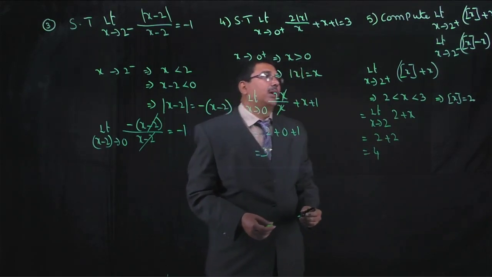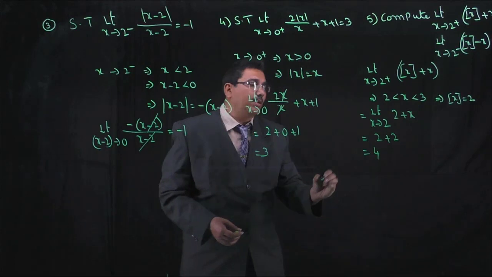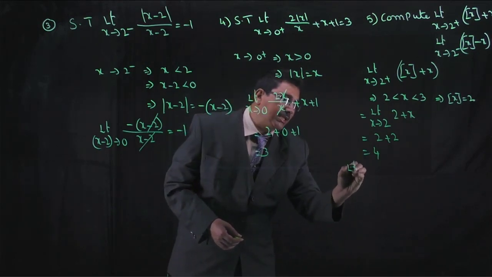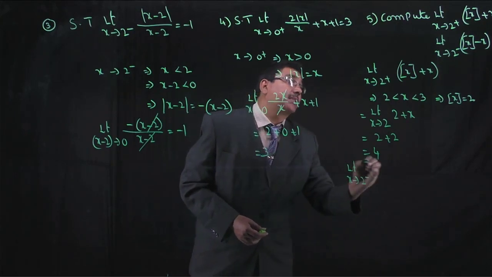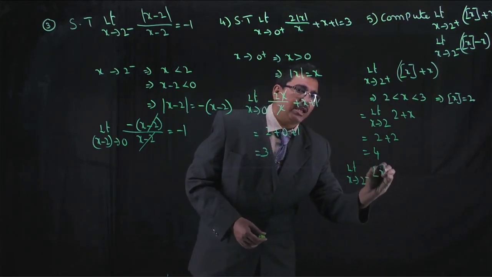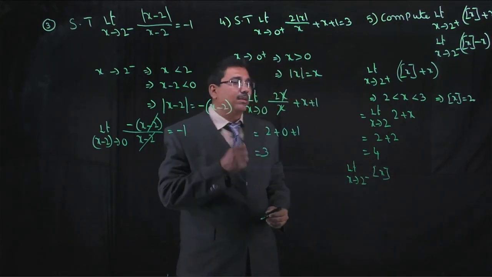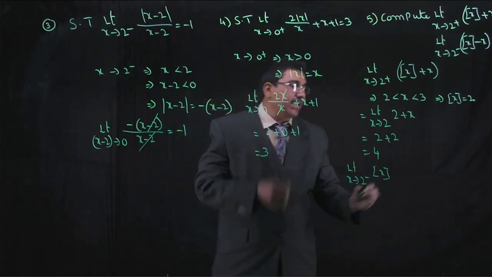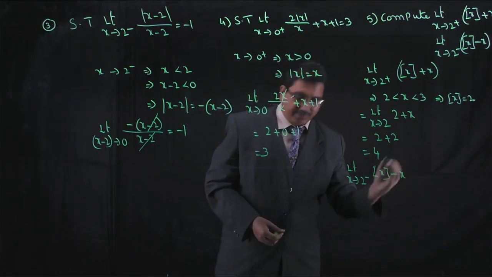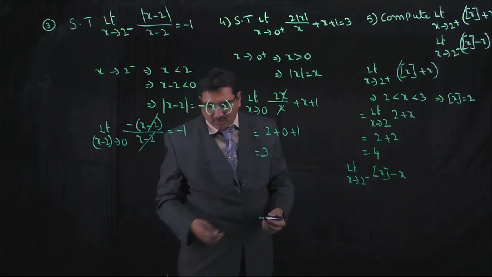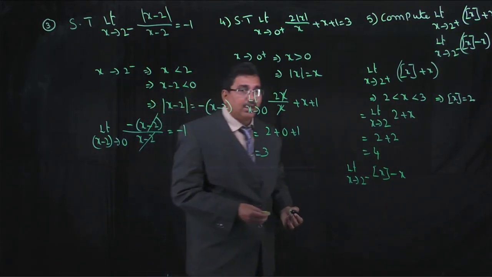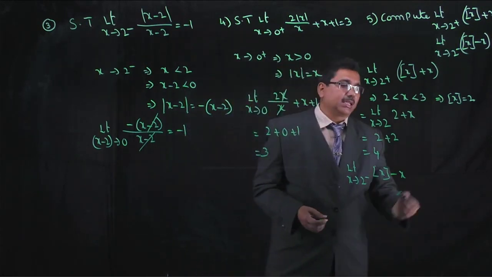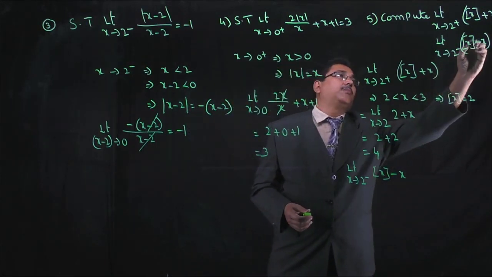Now also find limit x tending to 2 minus of box x plus x.